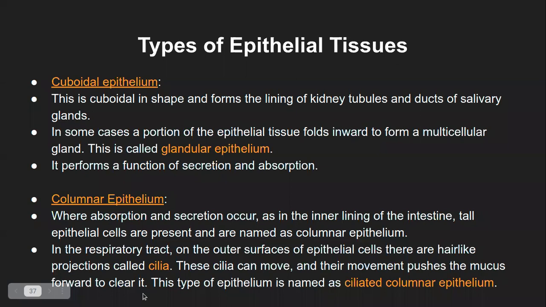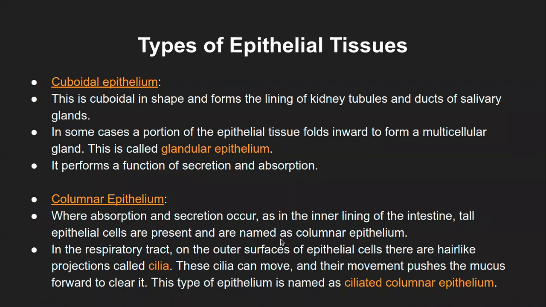So that is the ciliary movement inside the respiratory tract, which allows the cough to either move out or go in, depending on which way the cilia are moving. And this type of epithelium is called ciliated columnar epithelium. Ultimately, it is columnar epithelium just with the cilia structure.